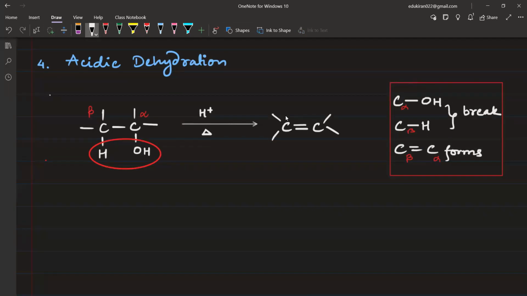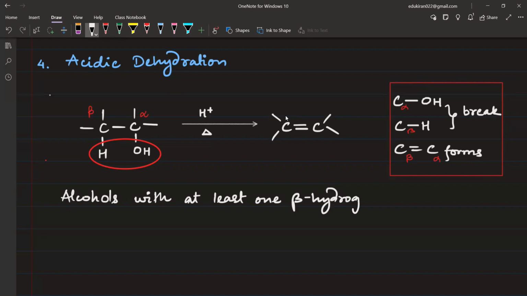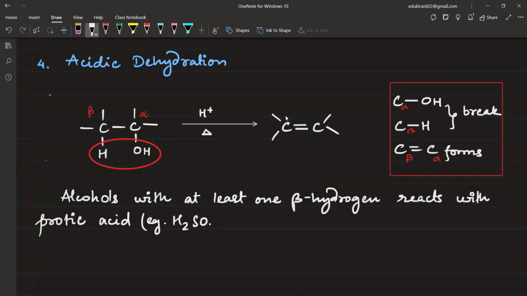Okay, so right here, alcohols with at least one beta hydrogen react with protic acid, for example H2SO4 or H3PO4, etc. Basically, you will be using H2SO4.